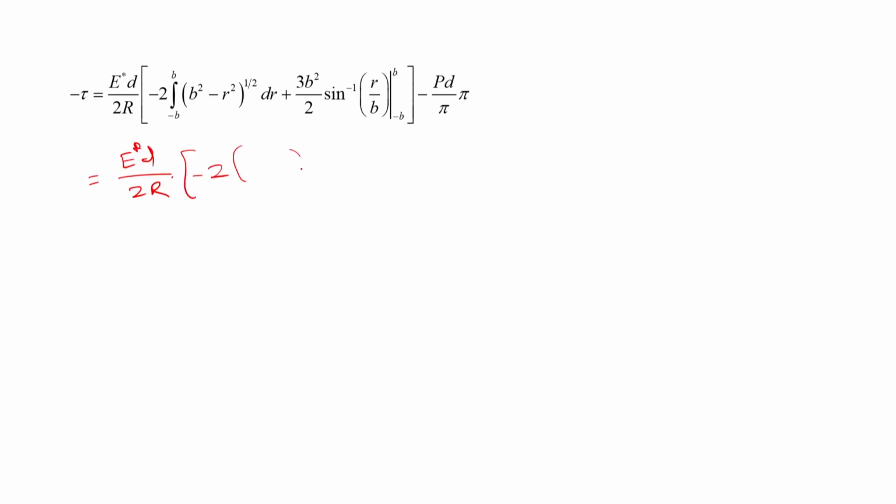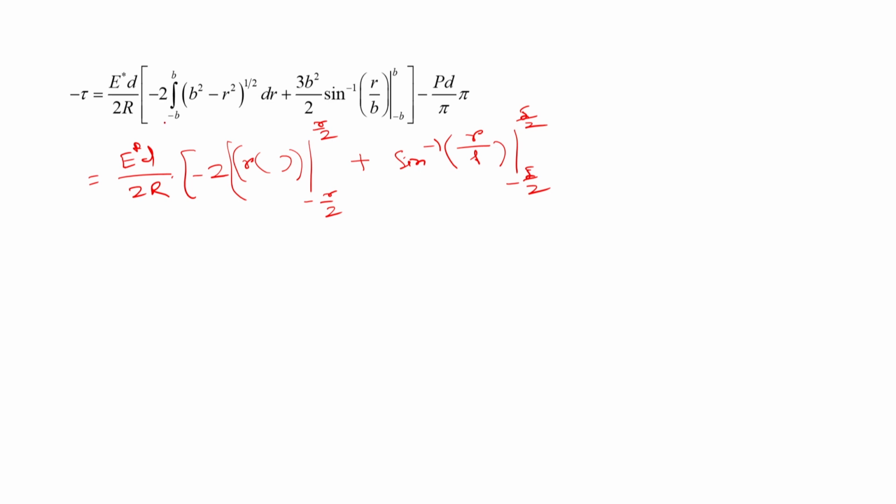into one term with respect to r, and here since it is minus r by 2 to plus r by 2, this term will get cancelled. Then I have here plus sine inverse of x, so it is r by b, and it will be minus pi by 2 to pi by 2.